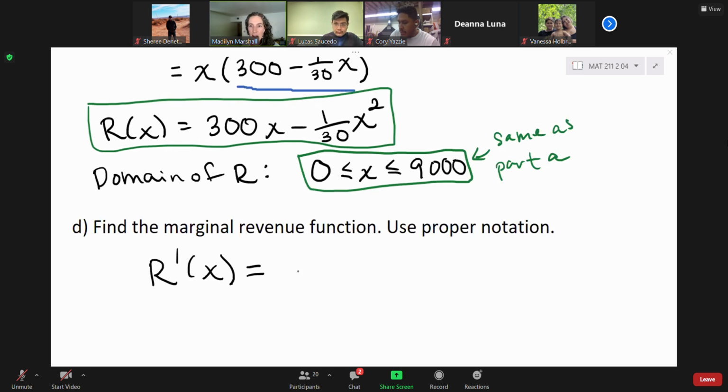That is correct. So we have our 300. The 300x just gets its x taken off when we do the derivative, minus, I'm going to do this in 2 steps just so I can note something. So yes, minus 1 over 15x.